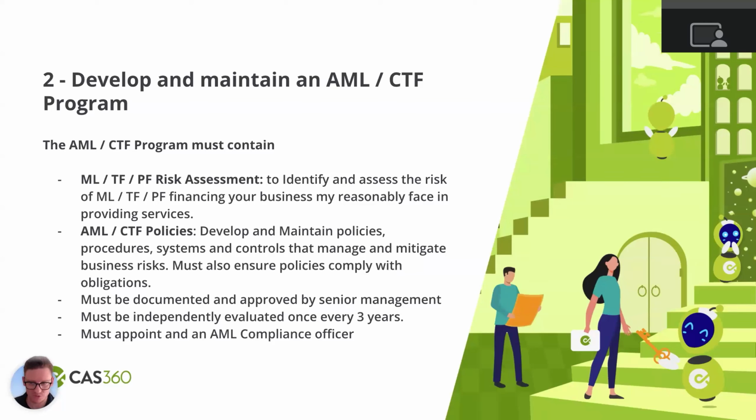That may change, but there is going to be an element of it being independently evaluated. One of the things that we've noticed a bit more since these sorts of laws came into New Zealand is the whole advent of AML auditors, essentially people creating businesses that run AML audits on captured organizations. So if you're looking for a new business idea, there's one.